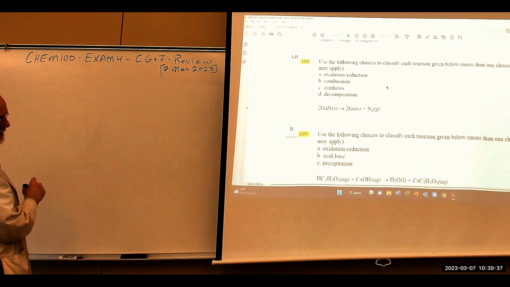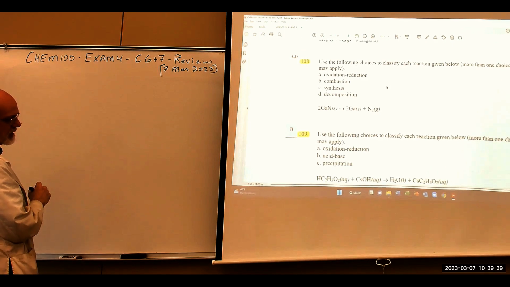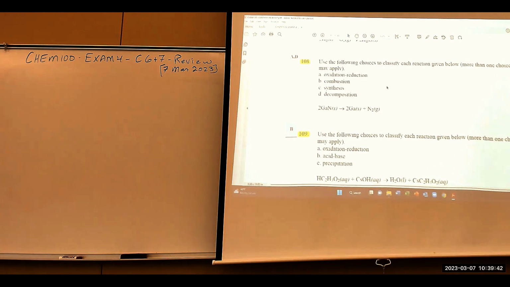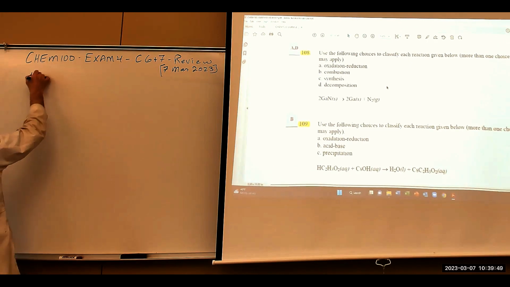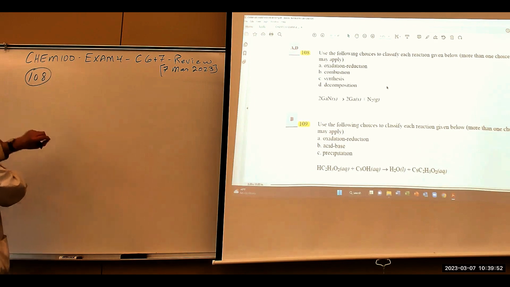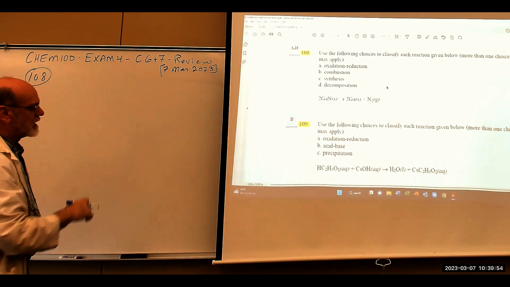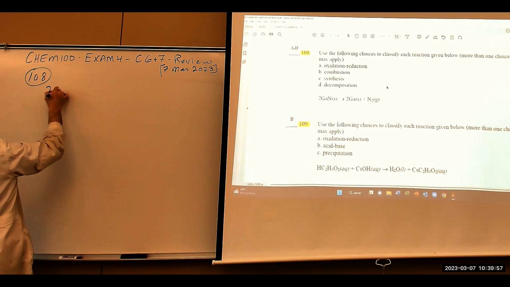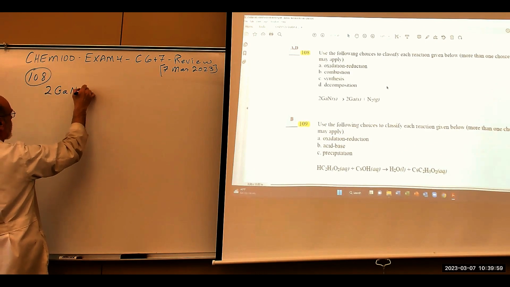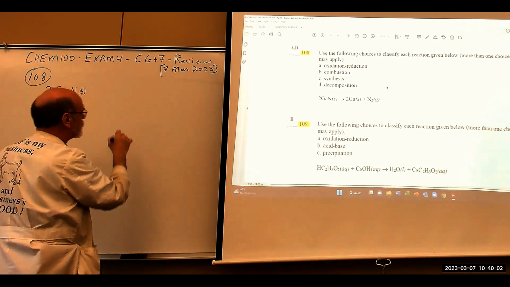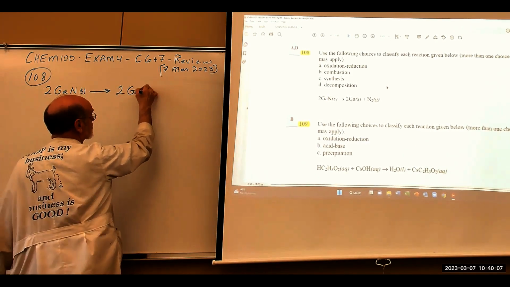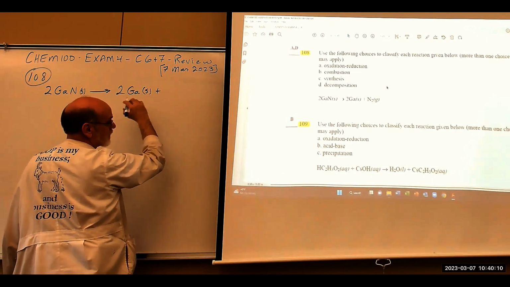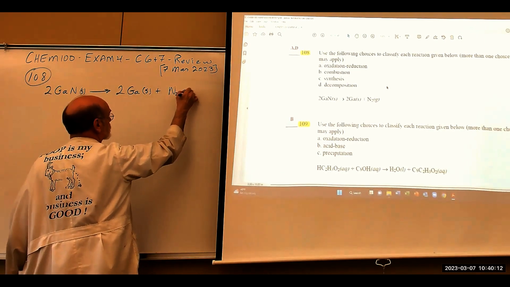108. Let me scroll just a hair so I can be sure to get the bottom. There we go. 108. Gallium nitride. 2 gallium nitride solid yields 2 gallium solid pure element plus nitrogen gas.